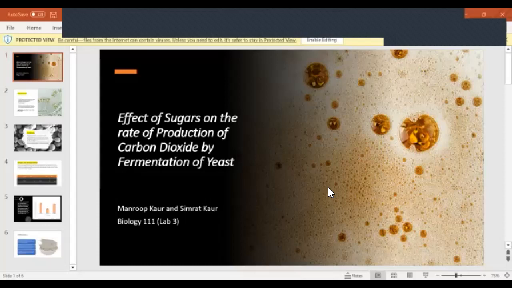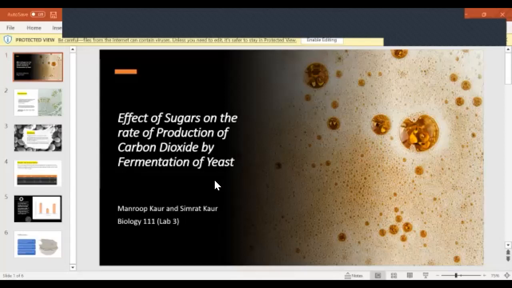Yeast are facultative aerobes, and they form ATP by the process of oxidative phosphorylation. We already know that fermentation is an anaerobic process, so we are going to carry this out using fermentation of yeast.